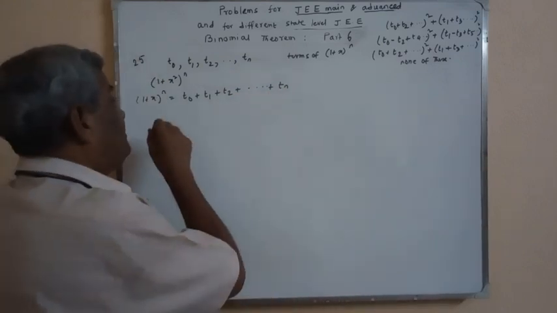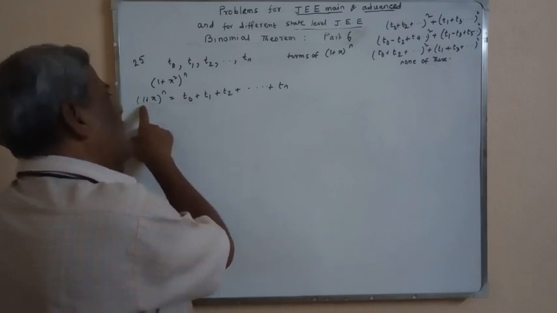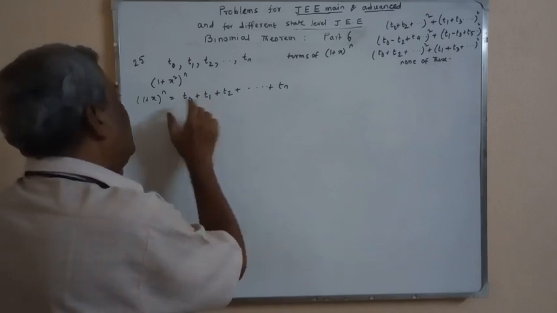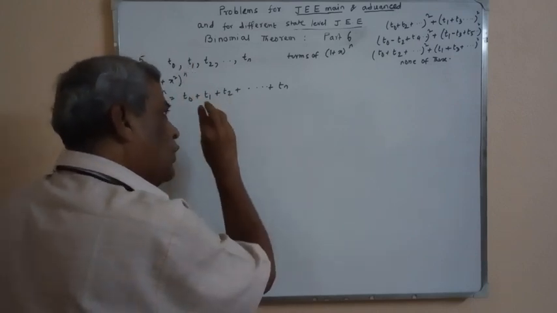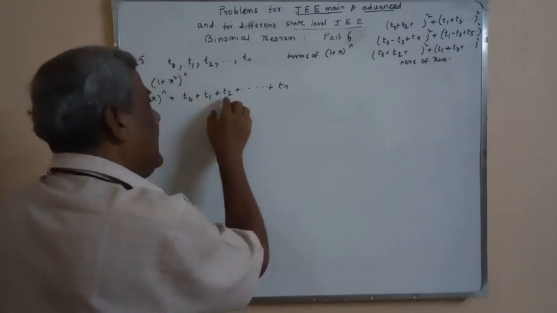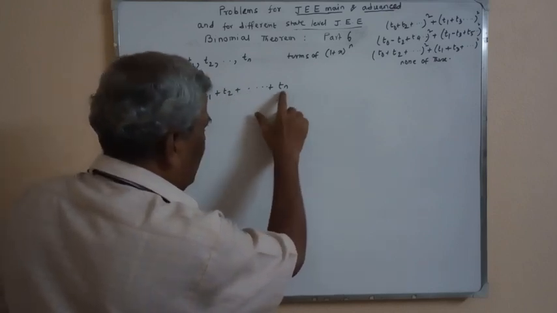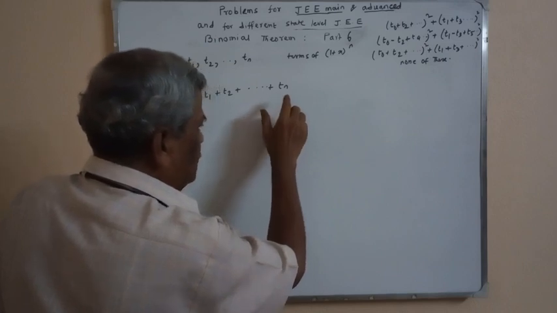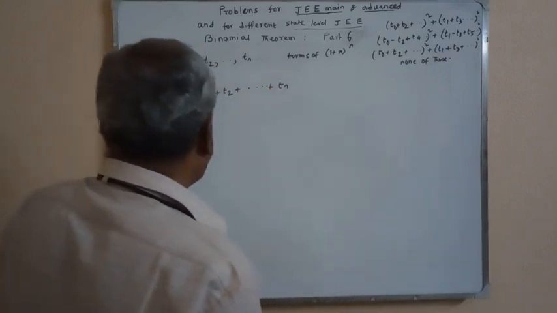Clearly you see T0 is independent of x, it is 1. And in T1 there is x to the power 1. In T2 some constant into x square. After that some constant into x cube. And in this way, the last is some constant into x to the power n.